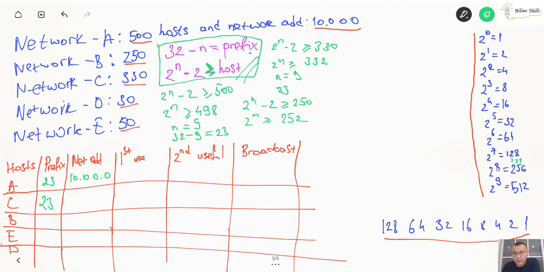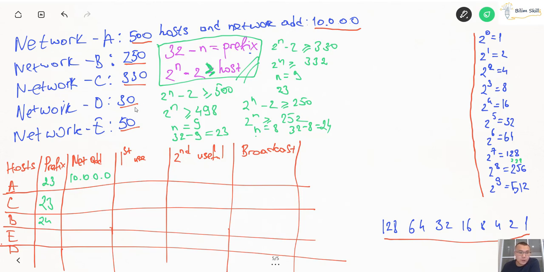If you take 9, it's too much. The closest one is 8. And 7 cannot be because 128 is smaller. So here n is equal to 8, and 32 minus 8 will be equal to 24. So prefix here will be 24.